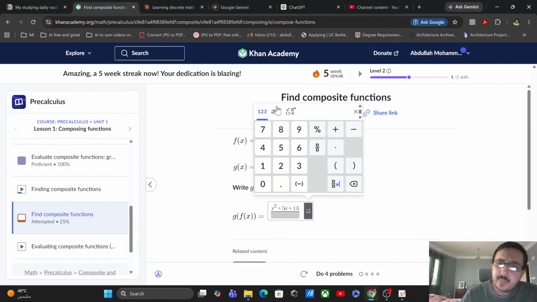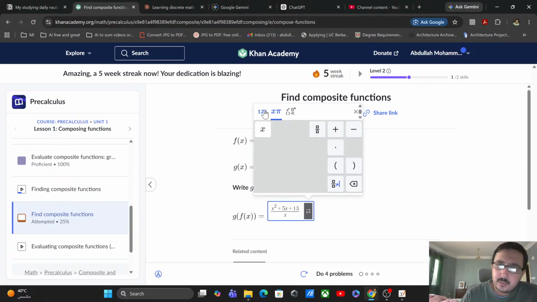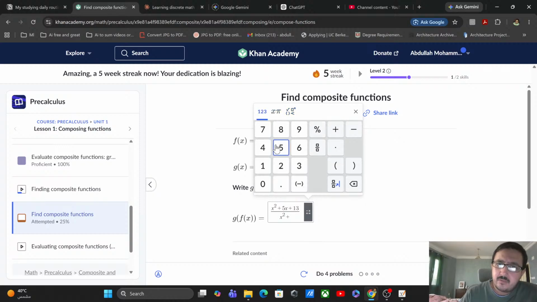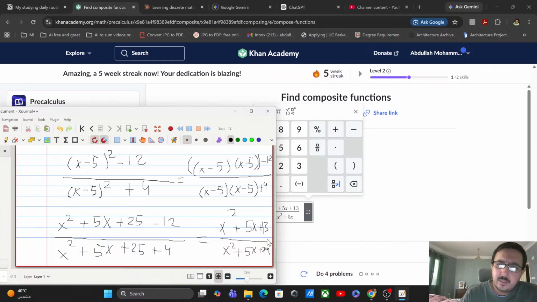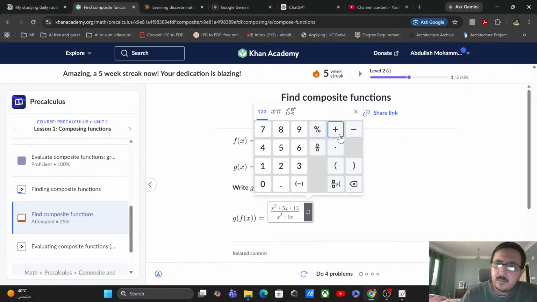And here x squared plus 5x plus 29. So I'd go with check.